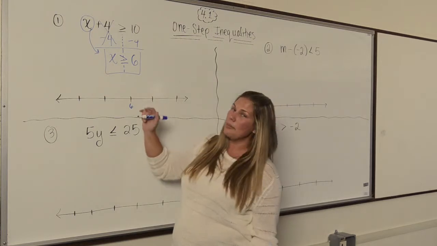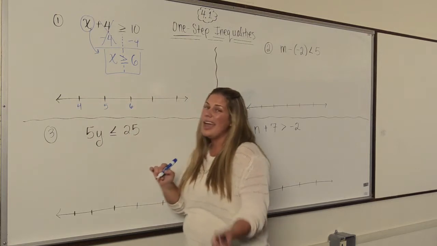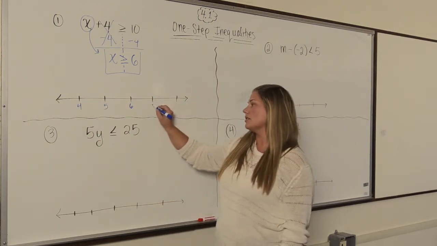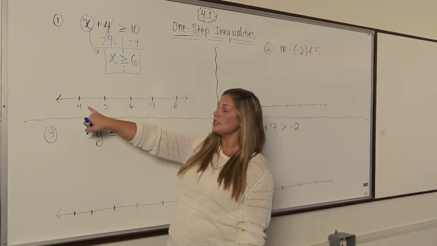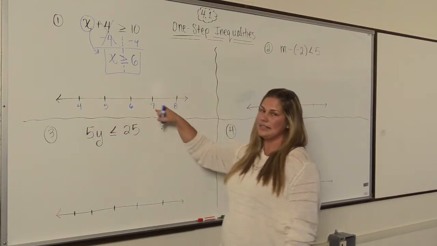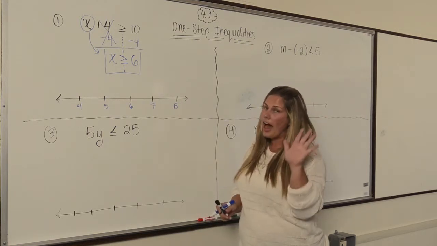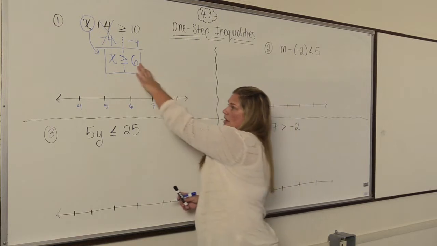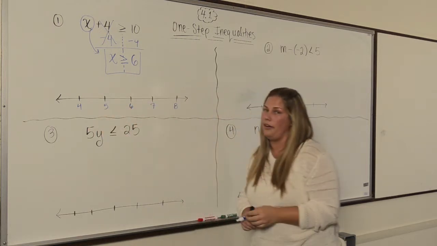Remember, to the left, numbers get smaller, so I would go to 5 and 4. And to the right, the numbers are getting bigger, so I would go to 7 and 8. So in order from left to right, they should go 4, 5, 6, 7, 8. For my class, I require 5 numbers on the number line. The number in the answer, 2 numbers smaller, and 2 numbers bigger.